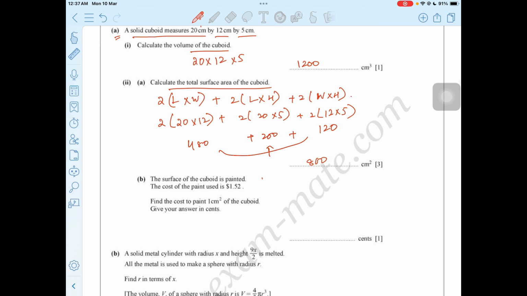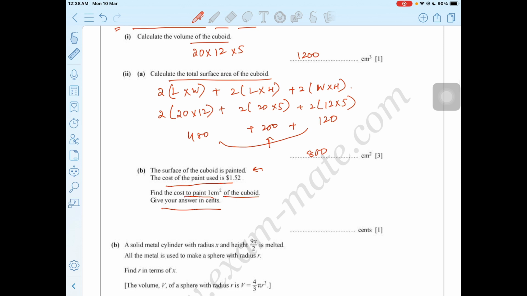The surface area of the cuboid is painted. The cost of the paint used is $1.52. Find the cost to paint 1 centimeter square of the cuboid. Give your answer in cents. Okay, so 800 centimeter square is painted for $1.52. We need to calculate for 1 centimeter square. So let's just cross multiply it because it will be a direct proportion.